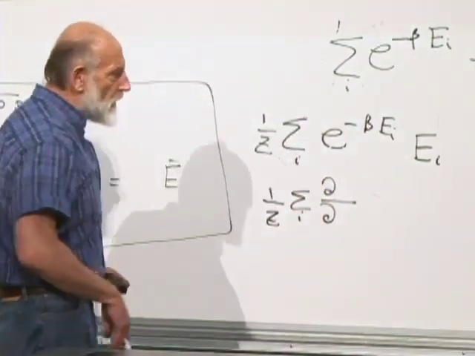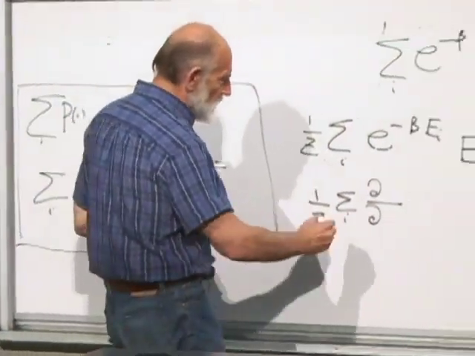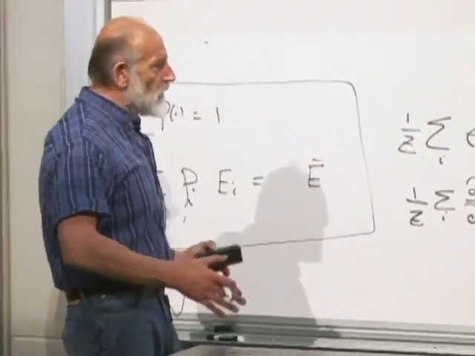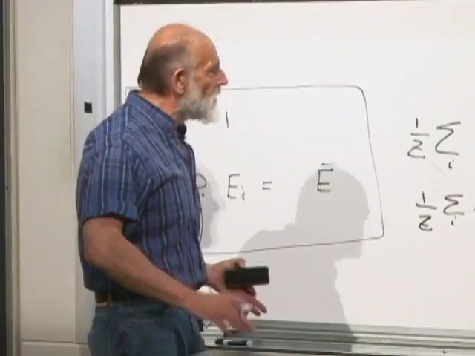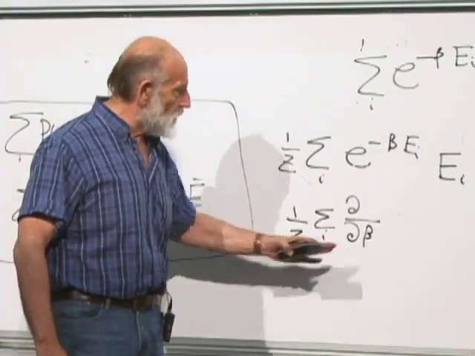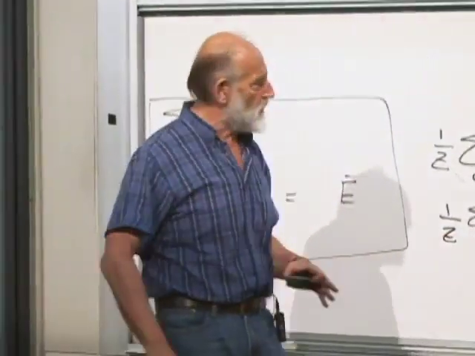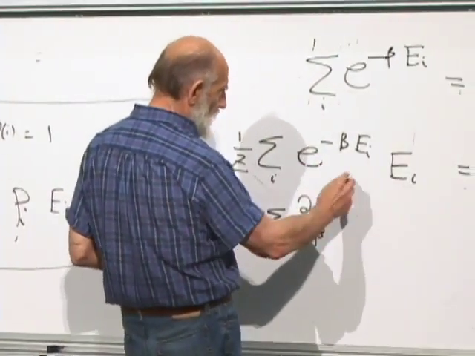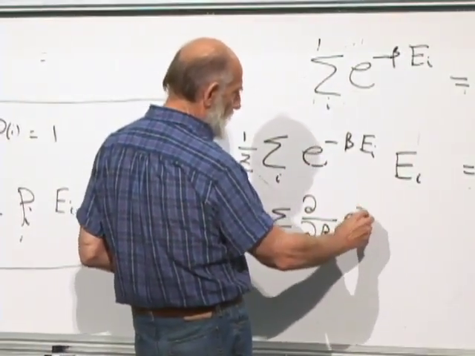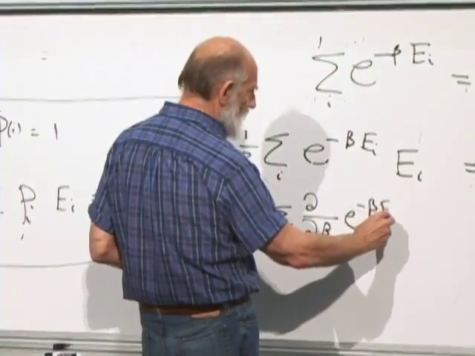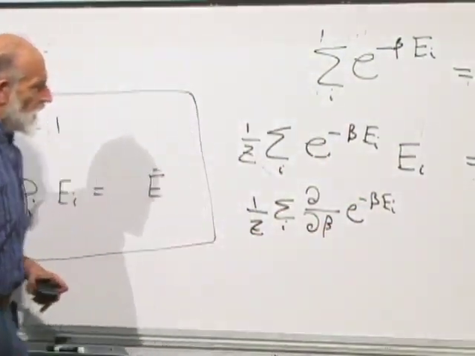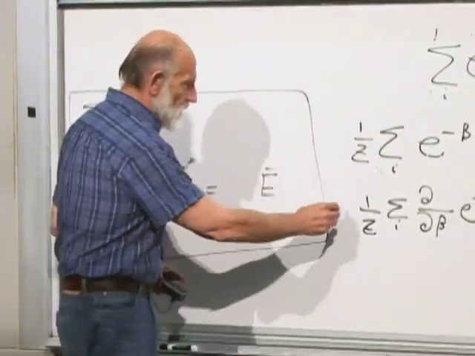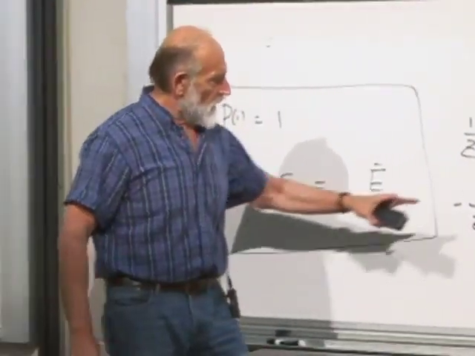For our purposes here, I could just use ordinary derivatives. But later on, we'll want to remember there may be more variables in the problem, and now I mean differentiating with respect to beta, keeping all the other things fixed, of e to the minus beta e sub I. And a minus sign, thank you.